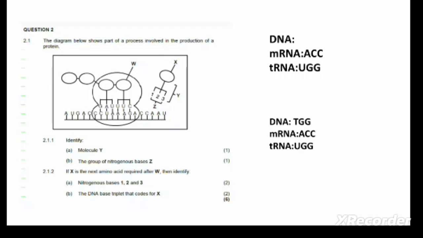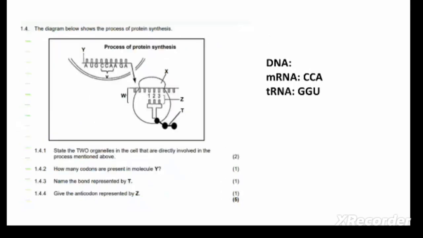So you're going to move from tRNA to mRNA. U pairs with A, G pairs with C, G pairs with C. mRNA is ACC. And then you move to DNA. A pairs with T, C pairs with G, C pairs with G. The answer is TTG. So let's look at the next set of questions.